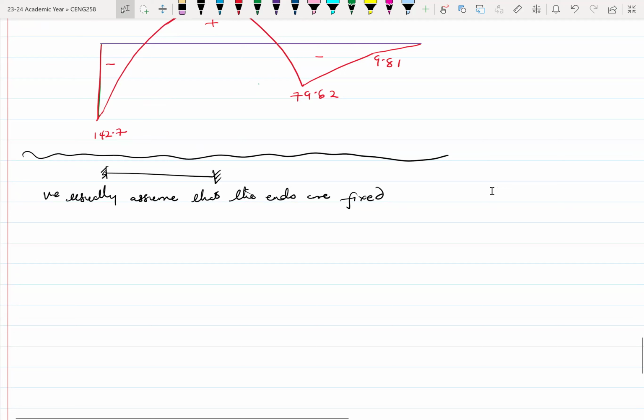which means that we need to derive equations for the different supports.